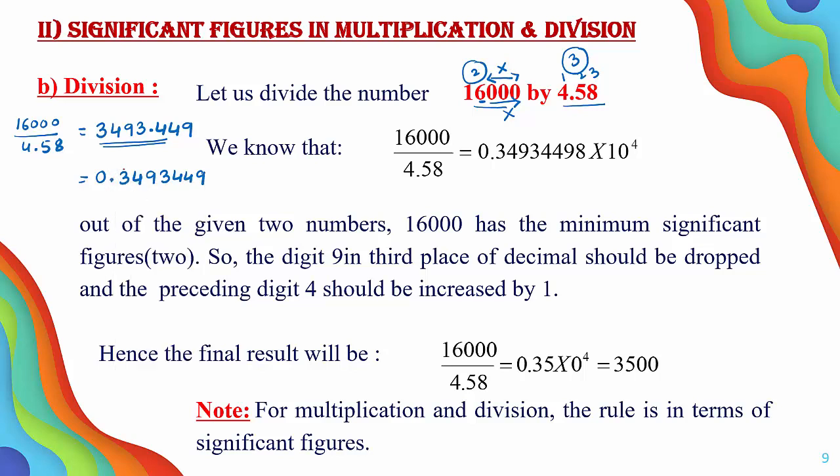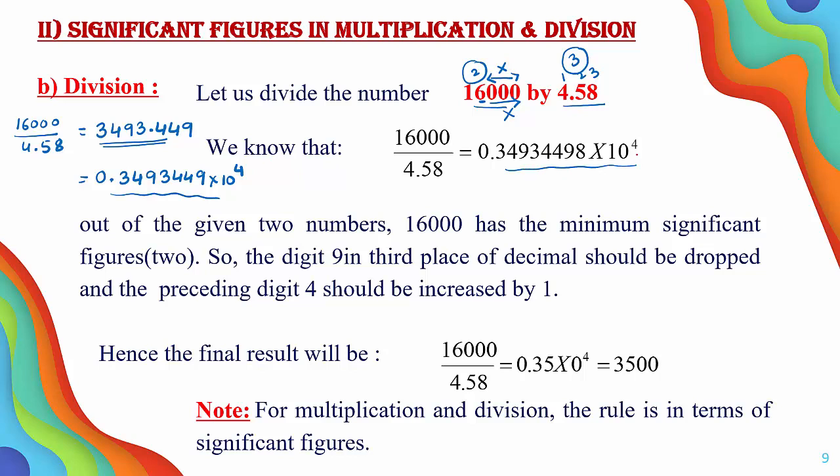So I can write it as 10 raised to 4. Is it clear? We can write in this form also. So now we got 0.34934498 times 10 raised to 4. You can observe this answer we get after division.